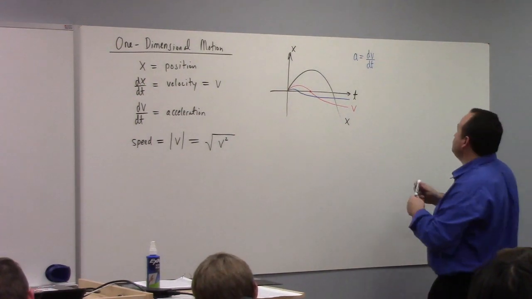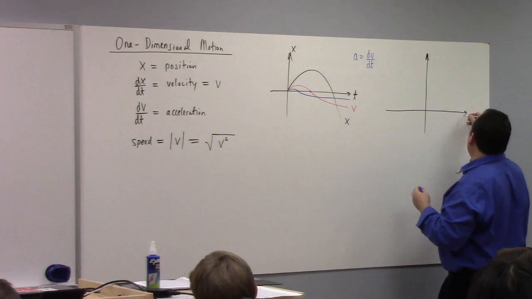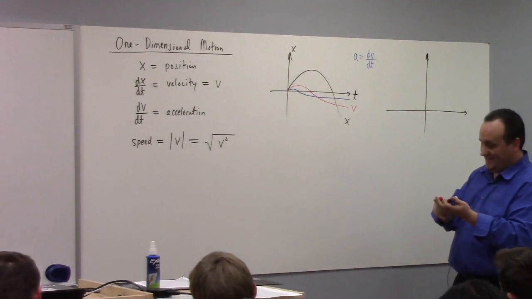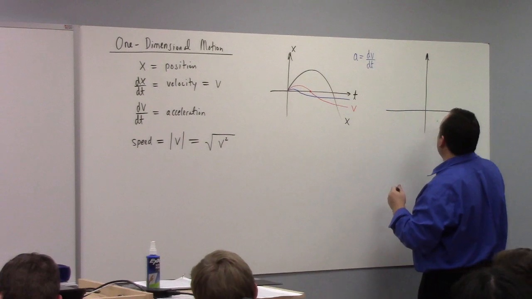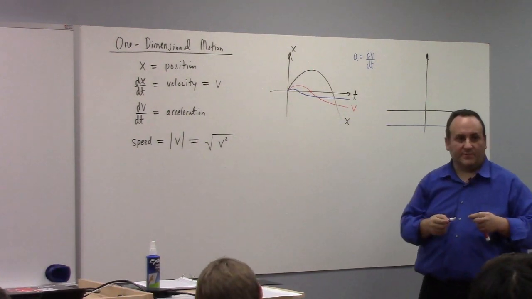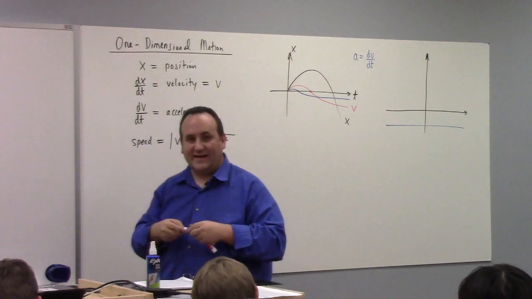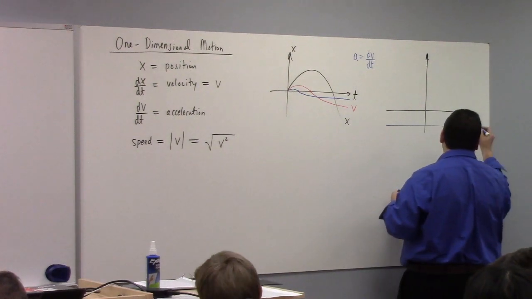Let me do another one. This one's easier. It's easier for me if I start with the acceleration curve. So suppose the acceleration curve is this. Suppose you have what's called constant acceleration, and it's negative, all right? So here's my constant acceleration.